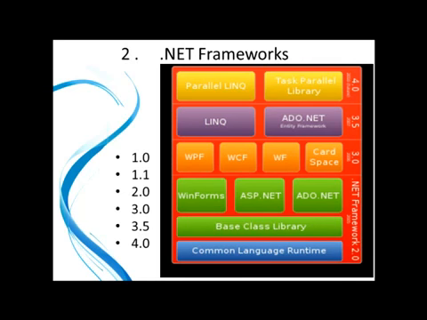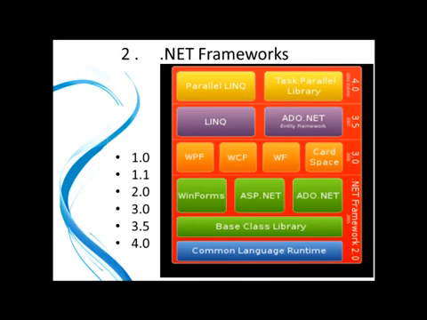The base class library is a very powerful library. These consist of, when you are writing code and you type Imports System in VB.NET or Imports Microsoft, these are the modules that are included in the base class library.